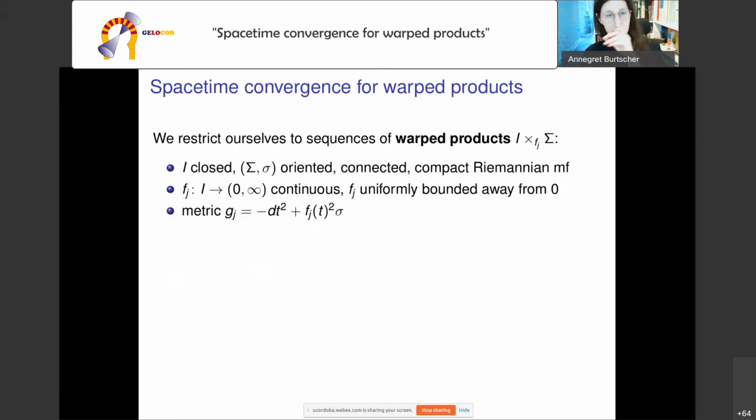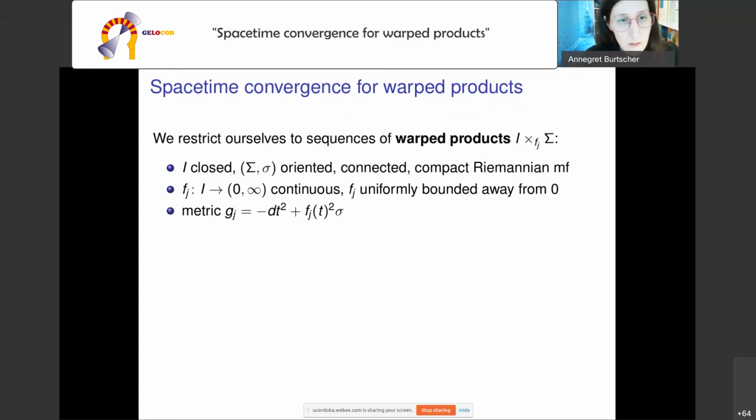Okay, so here I just wrote a lot of technical assumptions. I'm not going to write them every time, but just to say that the convergence itself we actually studied in the compact case, because otherwise we would have to study the pointed convergence, and this will be just technically more complicated. It doesn't mean that it's not possible, but we just restrict it to the compact case to make it easier.